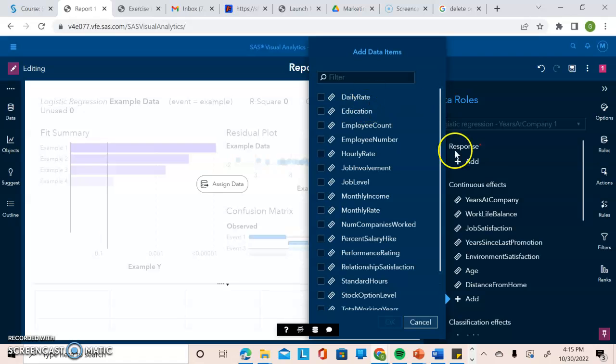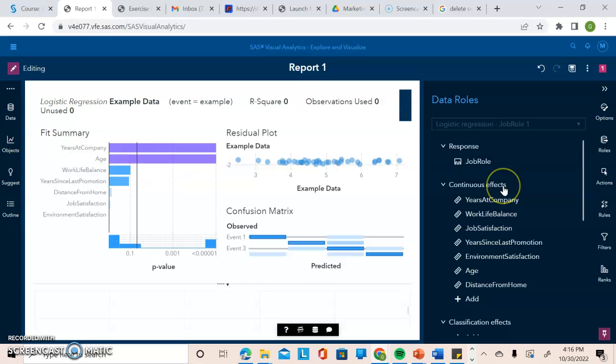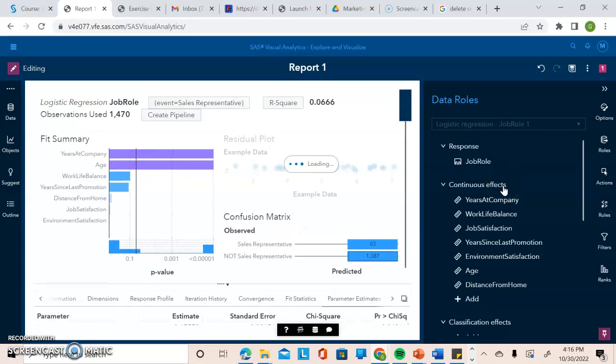Let's just test it out with job role and see how our R squared changes, and it is still very low.